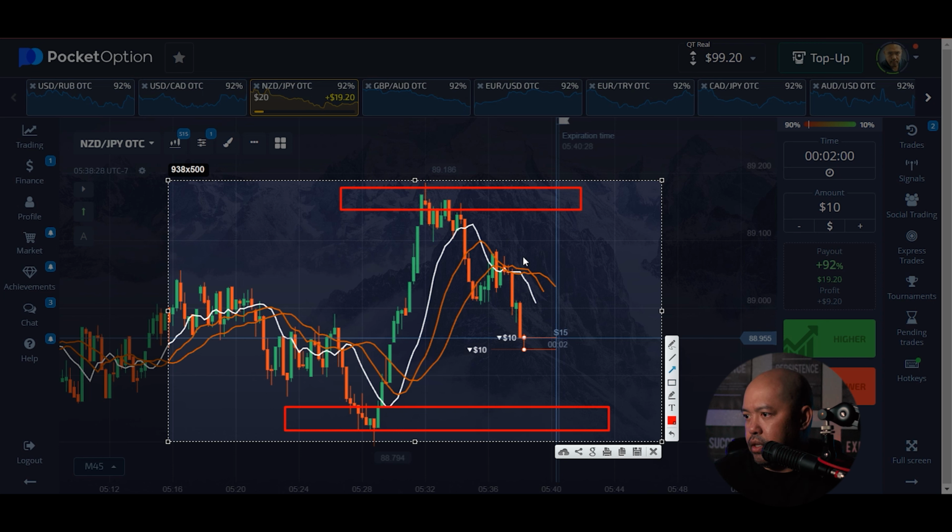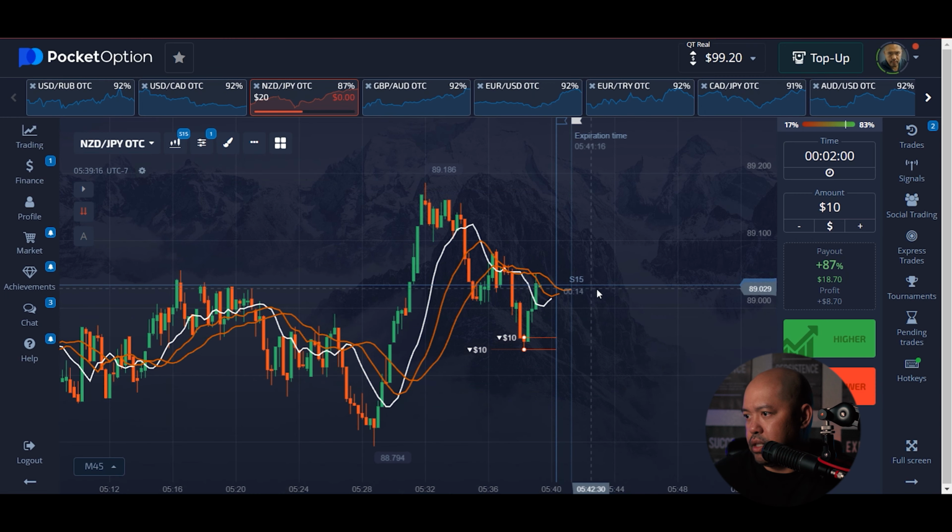But I saw that the lips crossed and the price is going down. Now, it could possibly go back up if it hits this inner support right here or even down here. But I believe it's going to touch this support here eventually, whether it does hit these support areas or not. So that's why I left it at 2 minutes. But again, be prepared if it goes the other direction as it's doing right now.